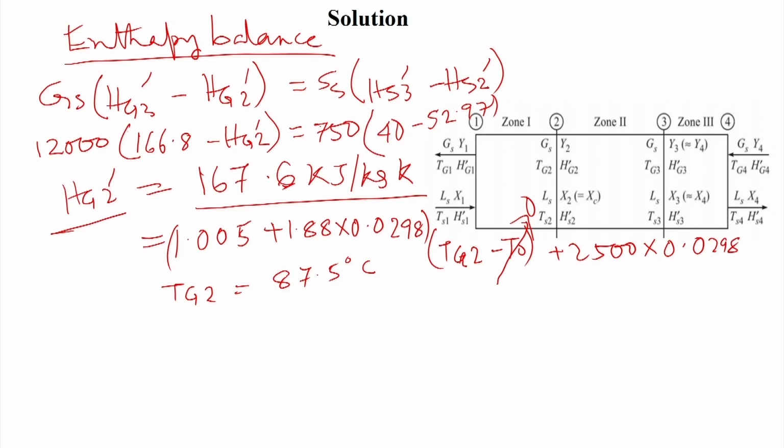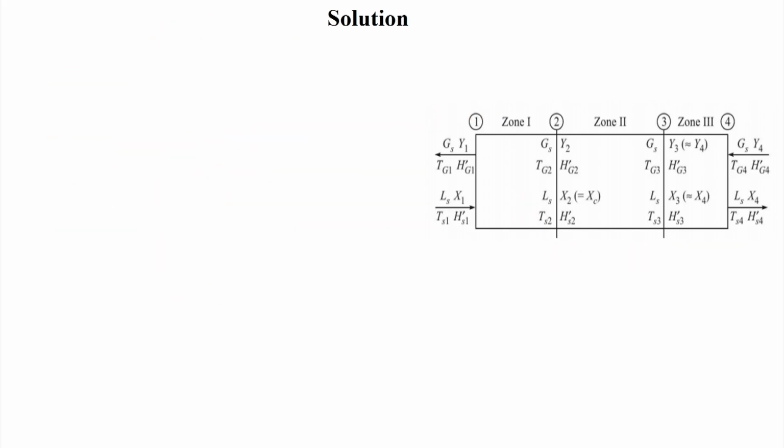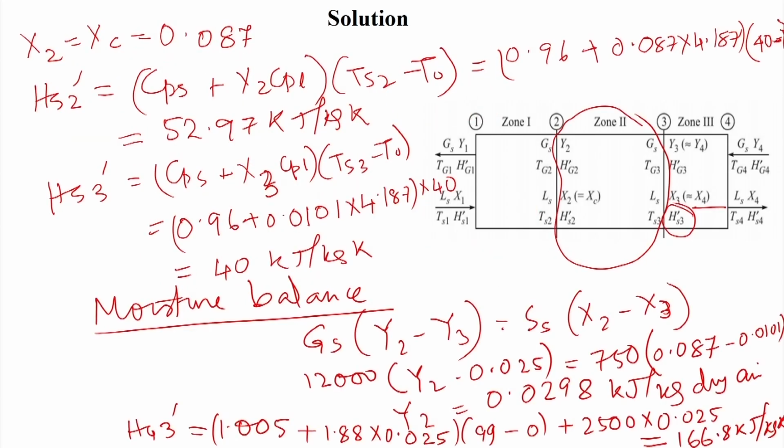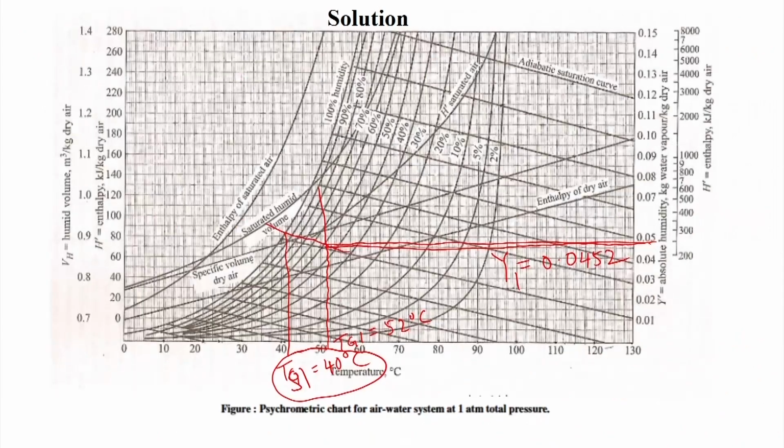Ts is equal to 40 degree Celsius, we know. Suppose this Ts1 is actually 40 degree Celsius, and now we have Tg2 is equal to 87.5 degree Celsius.